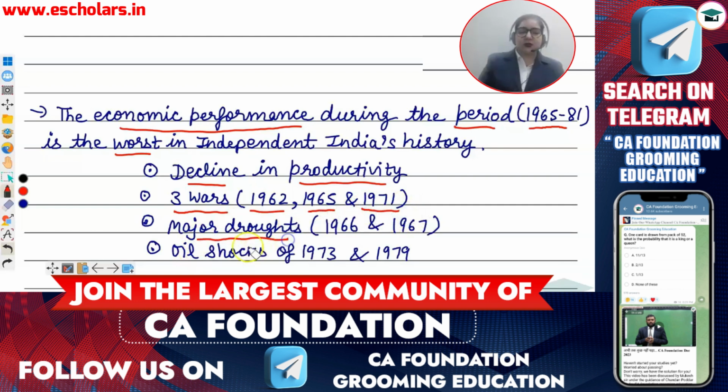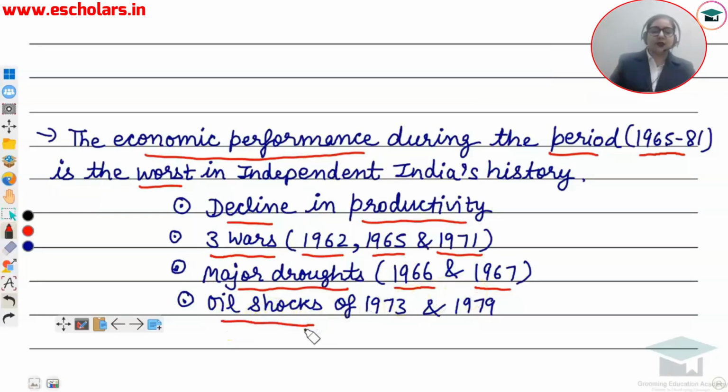Major droughts also occurred in the years 1966 and 1967, as we have already discussed. That also reduces the productivity in the economy. Next, there were oil shocks, that is a sudden increase in the price of oil in the years 1973 and 1979. Okay, so all of this would have led to economic performance deteriorating during the period 1965 to 81.